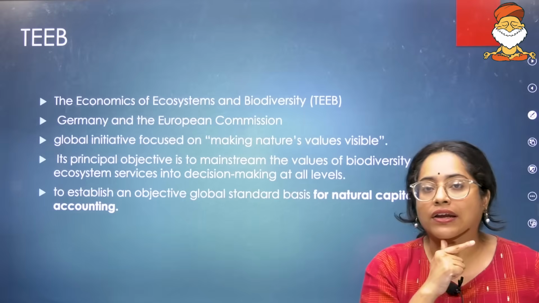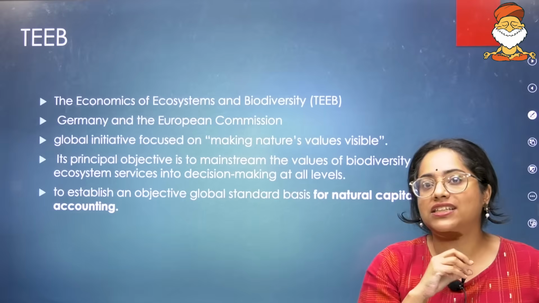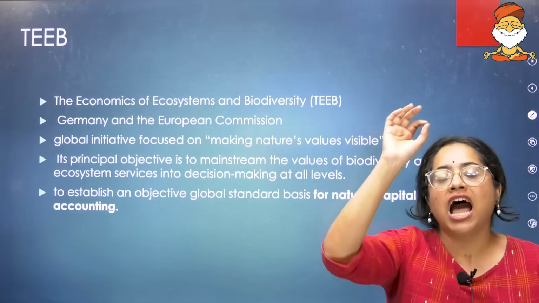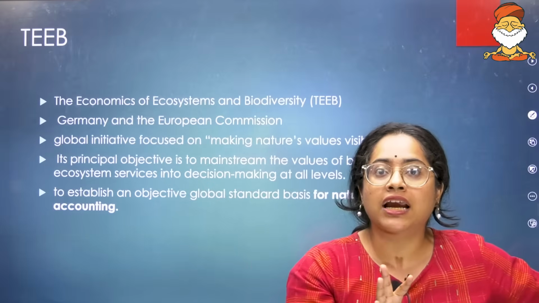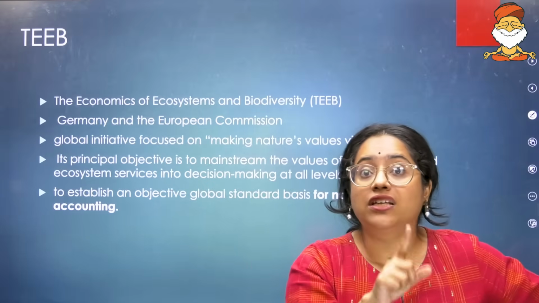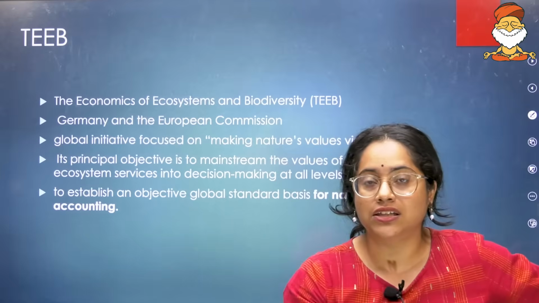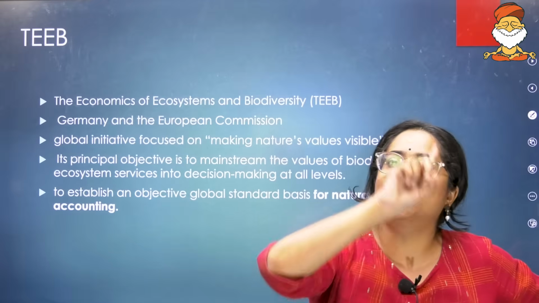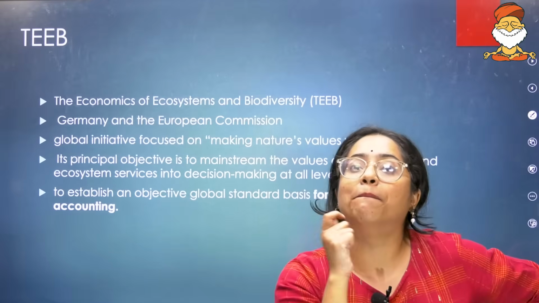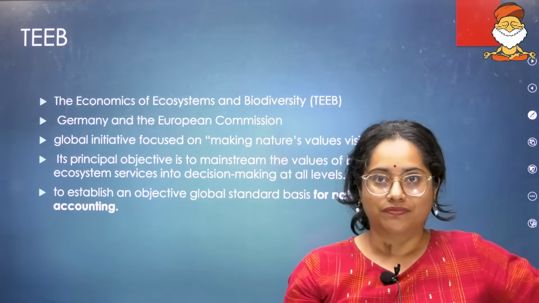So at that point, some organizations came forward and said, let's make them understand in a way that will make sense to them. They said, okay, the tree is giving you these 12 services. Here is the bill for each of the services. For each service, they put a monetary value on it.